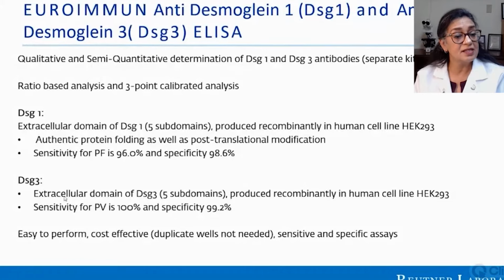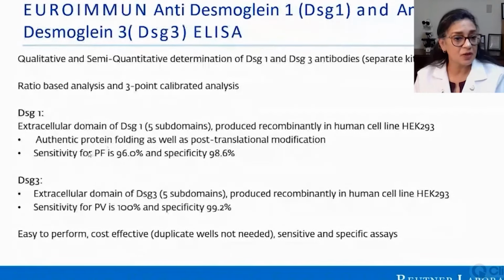Both these ELISAs contain extracellular domains of DSG1, and these antigens are recombinantly produced in a human cell line, unlike the baculovirus systems which were used originally. So this system gives a higher yield of mature protein compared to the pro-protein, and the pathogenic antibodies are known to bind better to the mature protein, thereby making the test more sensitive and also specific.